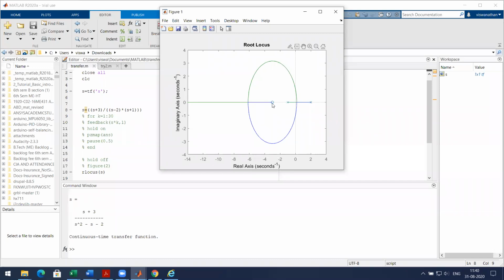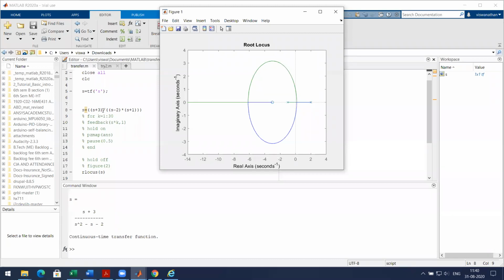These two poles meet each other, and then only one pole can go to the zero, because there are two poles and one zero. Only one pole can go to the zero and the other doesn't have a zero. If there were two zeros and two poles, then each pole will go to each zero.